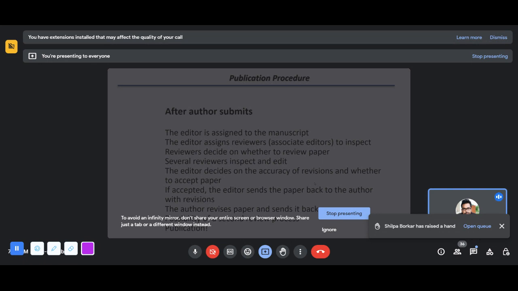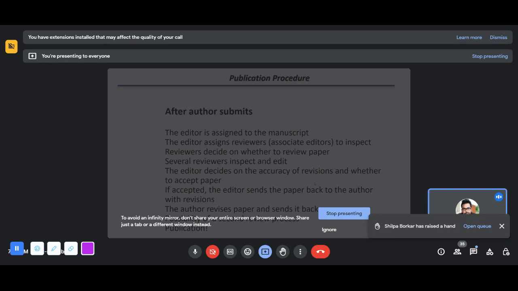But if it is not accepted, for example in the case I was describing, where one reviewer has rejected and the other two have given major revision, then it totally depends on the editor. The ball is now in his or her court. He or she will decide whether to send it for revision.